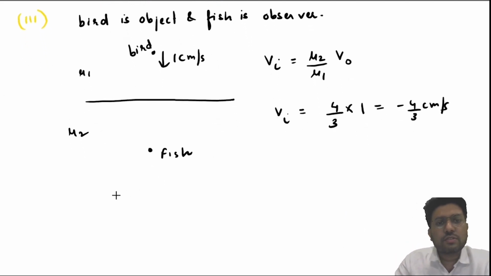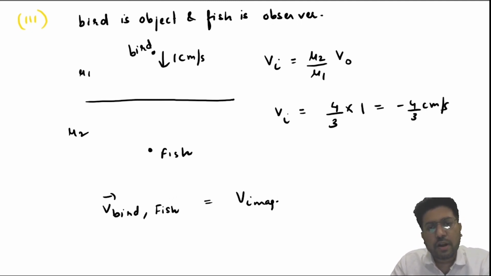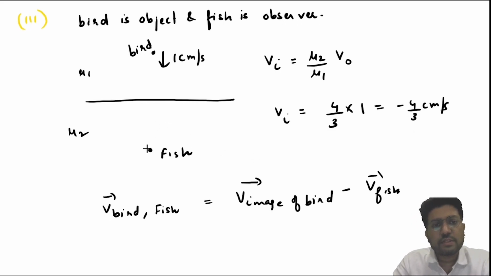Now they have asked you what is the velocity of bird as seen by the fish. So velocity of bird with respect to fish will be equal to the velocity of image of bird, because fish is not seeing the bird, fish is actually seeing the image of the bird. So velocity of image of bird minus velocity of fish, because fish itself is also moving.